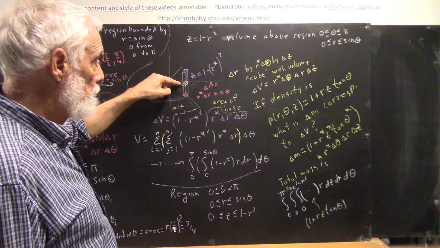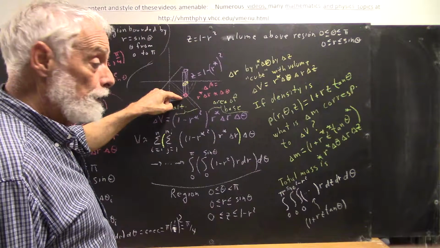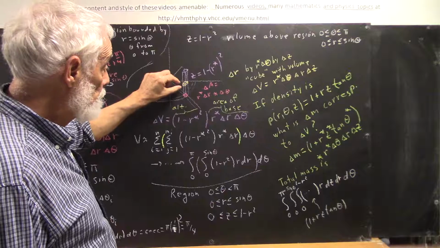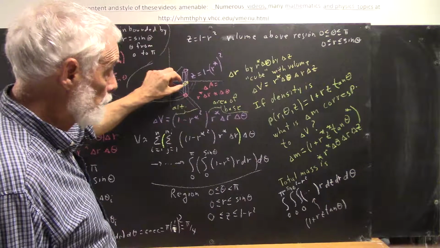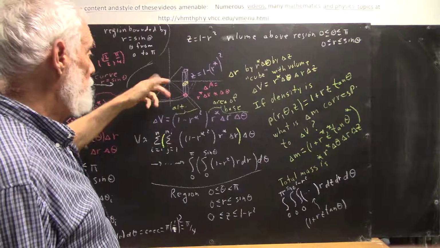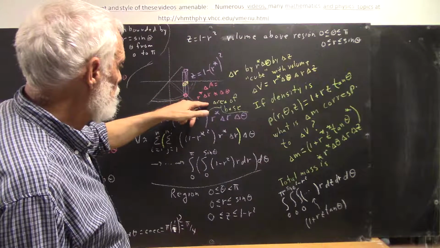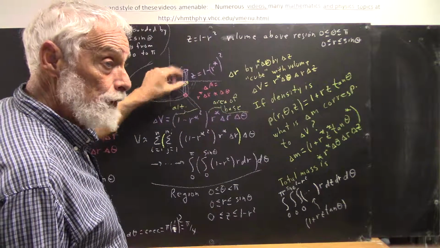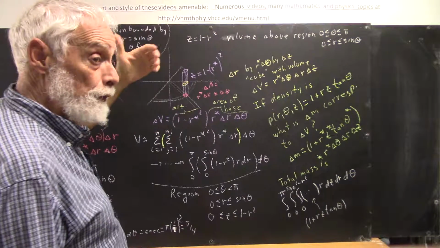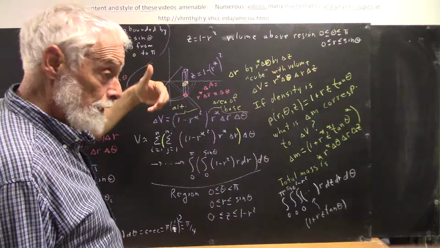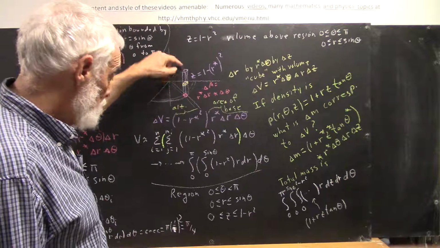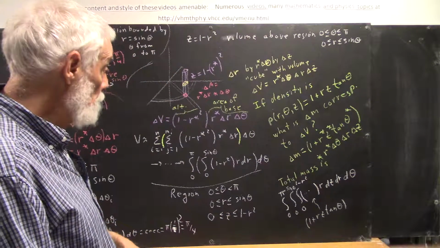It lies right above our delta r by delta theta increment, but it's also got a delta z, so it's like a little box of dimensions r star delta r times delta theta times delta z. It's going to have a sample point with coordinates r star, theta star, z star. We'll see what we can do with that breakdown.